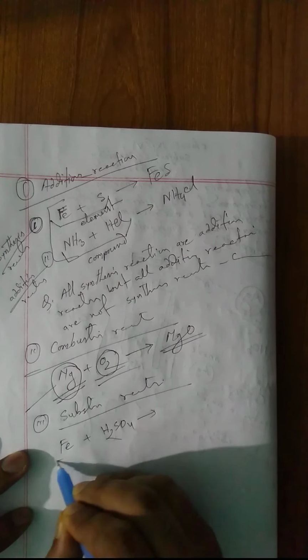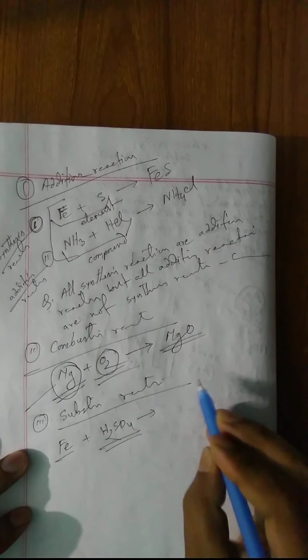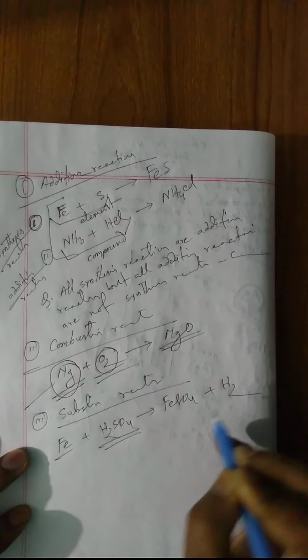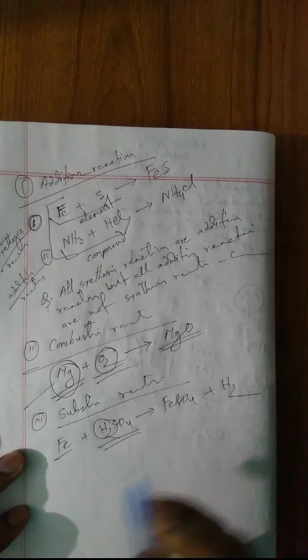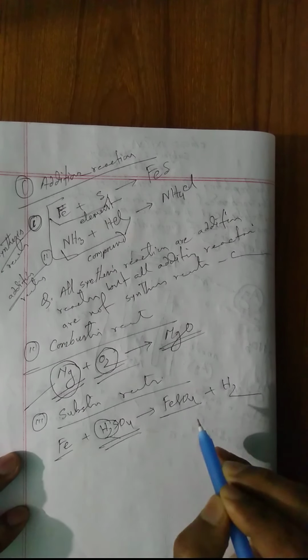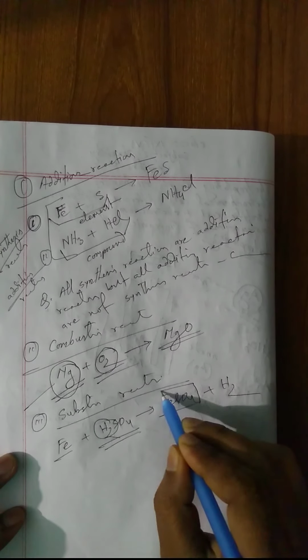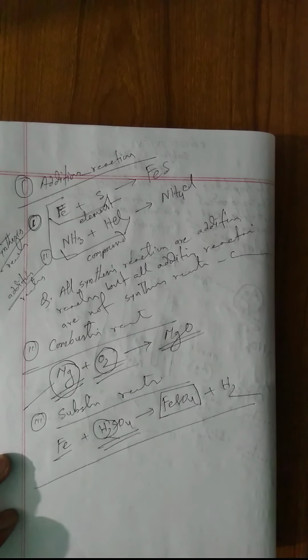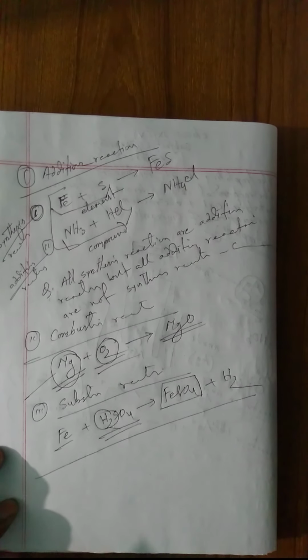For example, iron reacts with sulfuric acid and produces FeSO4, replacing the position of hydrogen and occupying its place. That is why it is an example of a substitution reaction.